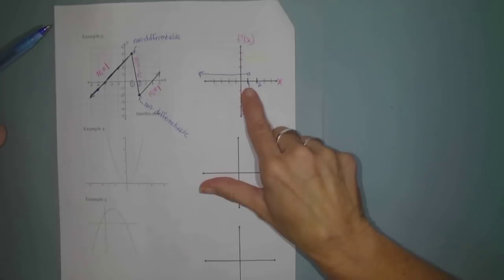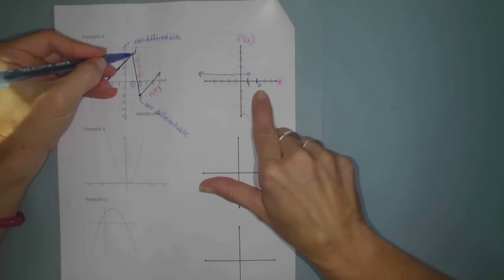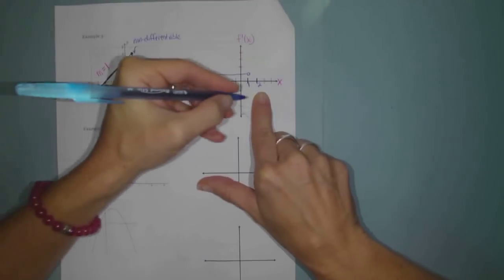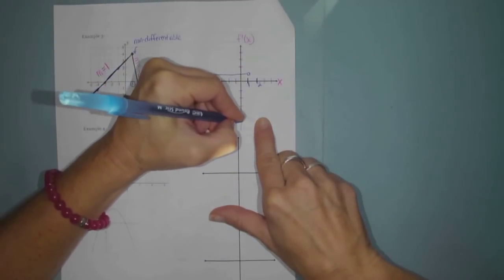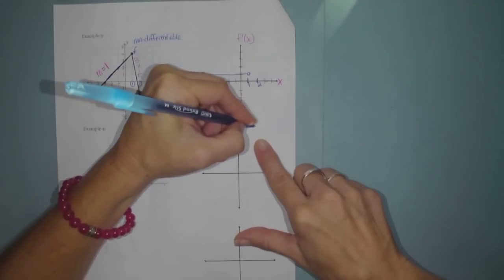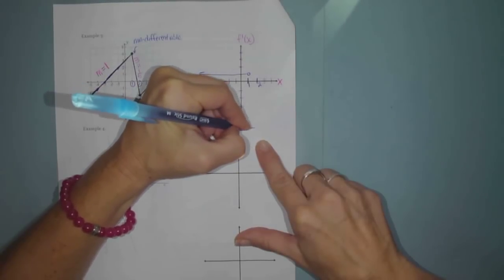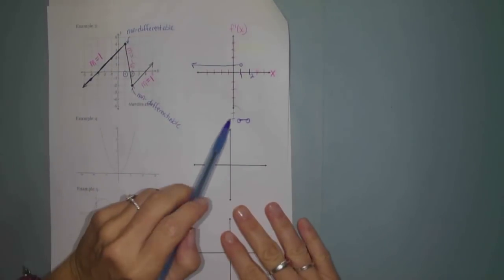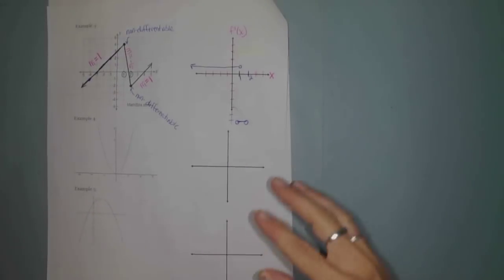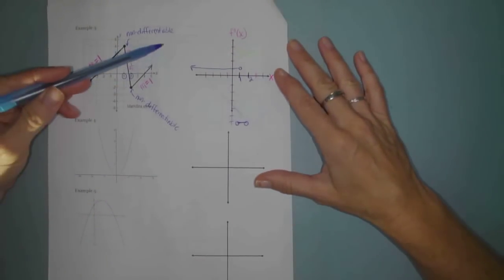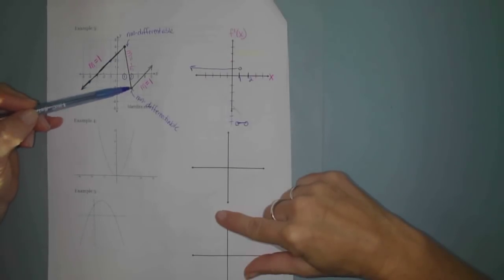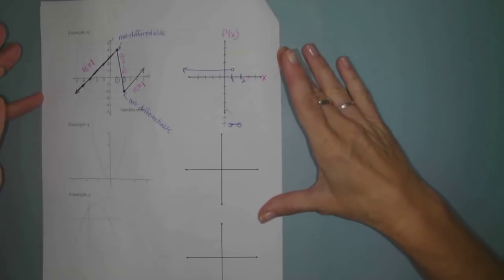Now between 1 and 2, everywhere between 1 and 2, my slope is steady at -6. So 1, 2, 3, 4, let me come down here, 5, 6. So between 1 and 2, my slopes are -6, but at 1 I'm non-differentiable, and at 2 I'm non-differentiable. So I'm going to open those holes. Okay, from 2 to infinity, uninclusive on the 2, my slopes are back to +1.